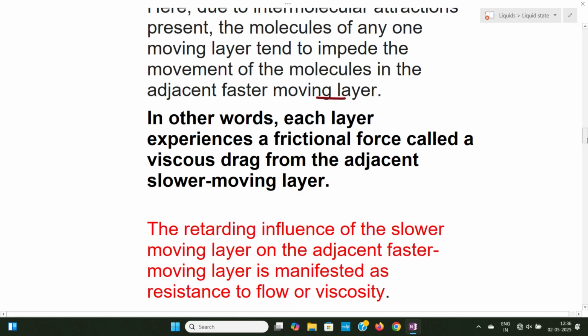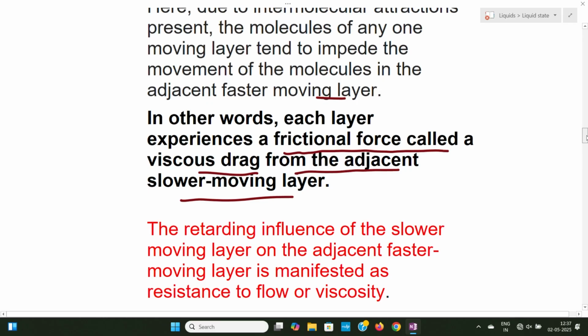In other words, each layer experiences a frictional force called a viscous drag from the adjacent slower moving layer.